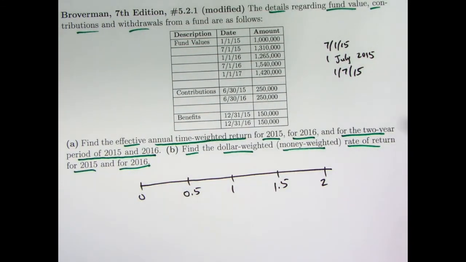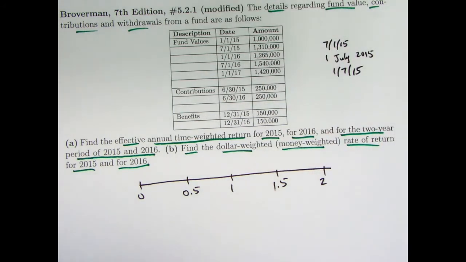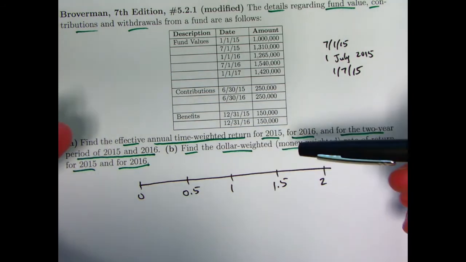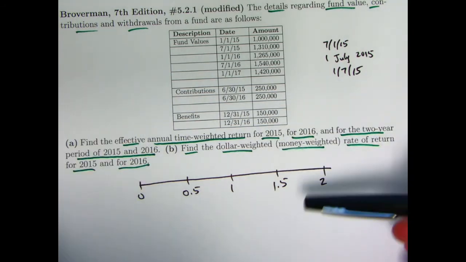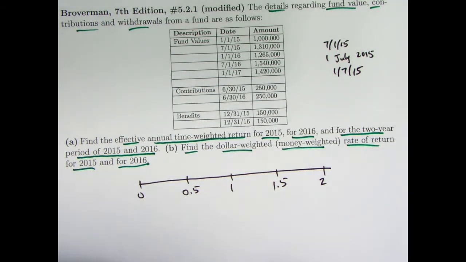So if you're not from America, just realize that means July 1st, the 1st of July 2015. So you see these occurrences for the inflows and outflows are essentially at half years. The contributions are flowing into the fund and the benefits are coming back out at half years and at the end of the year. So it makes sense to label the timeline this way.